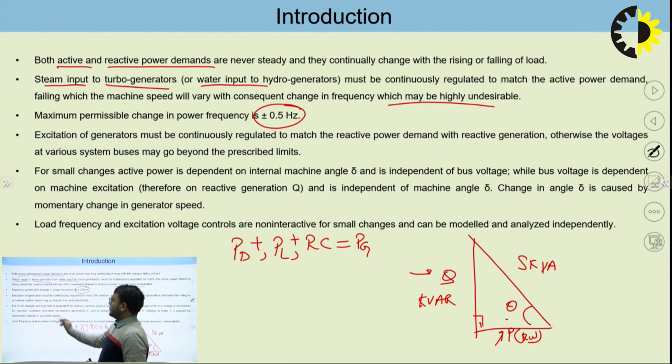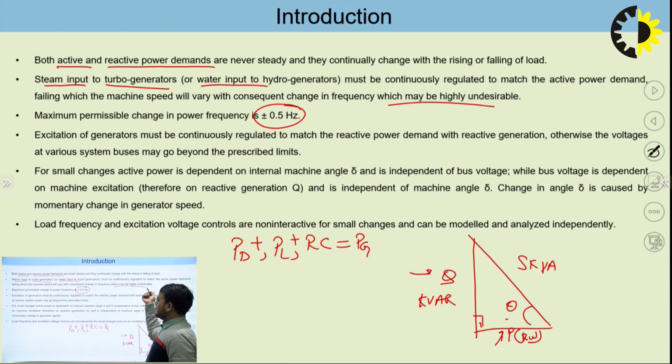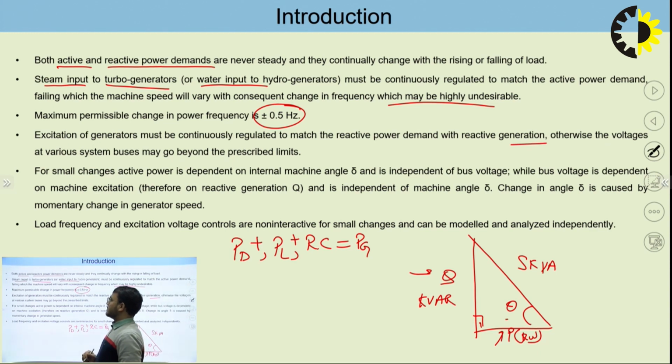Then the excitation of the generators must be continuously regulated to match the reactive power demand and reactive power generation. Otherwise the voltage at various system buses may go beyond the prescribed limits. So this is the case with reactive power as well. You must know that frequency, real power, reactive power and voltage are related.